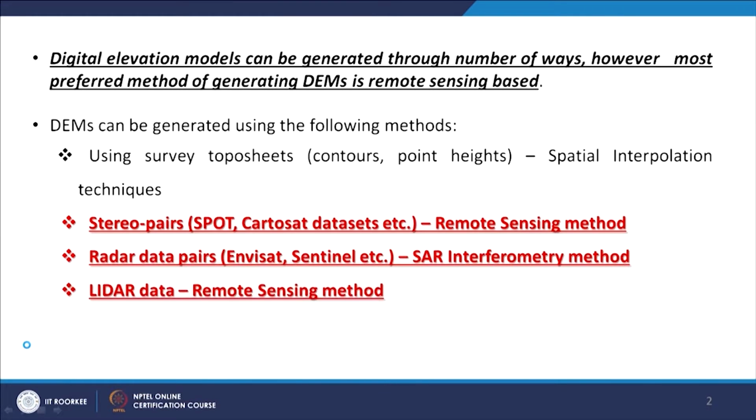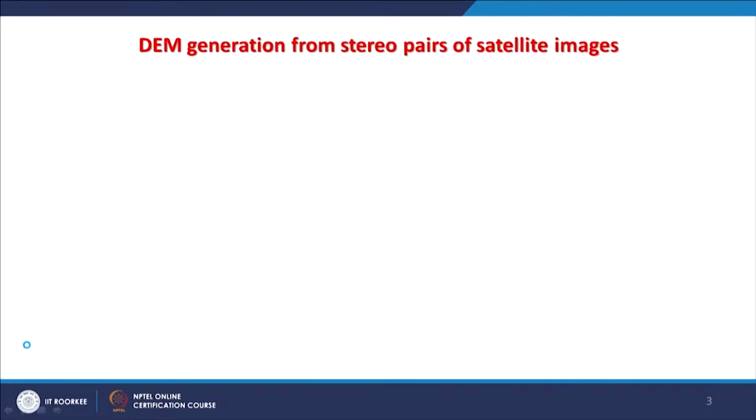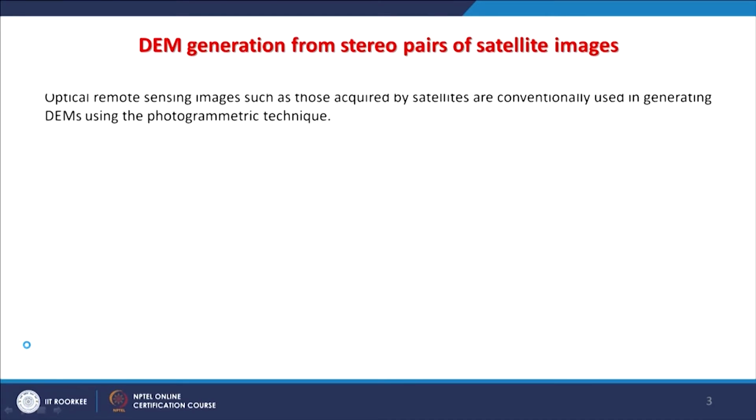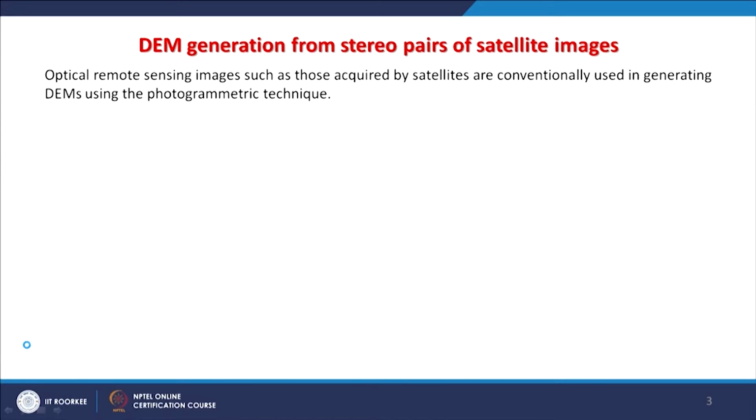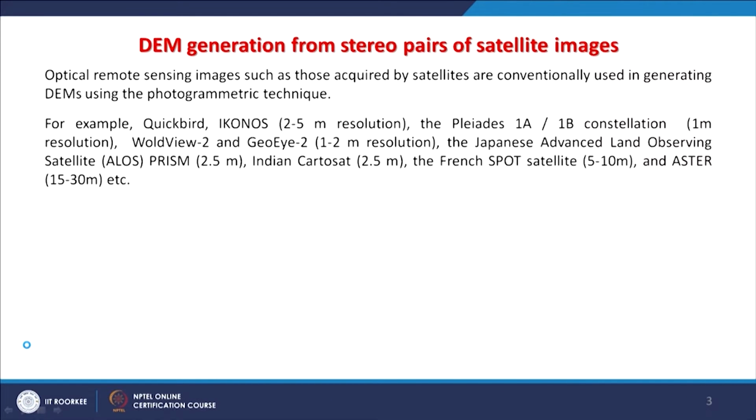In this discussion we will focus mainly on employing radar data, but first on employing stereo pairs also. For this you need optical remote sensing images acquired by satellites, and then using photogrammetric techniques we can develop digital elevation models.